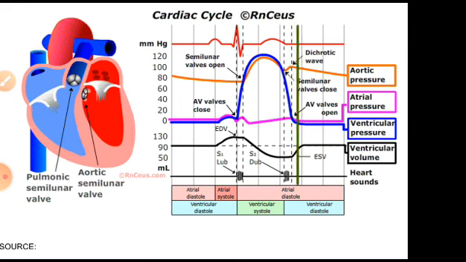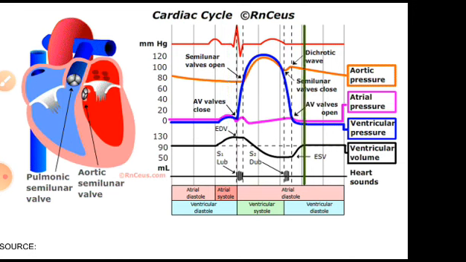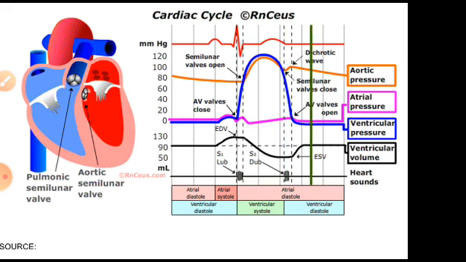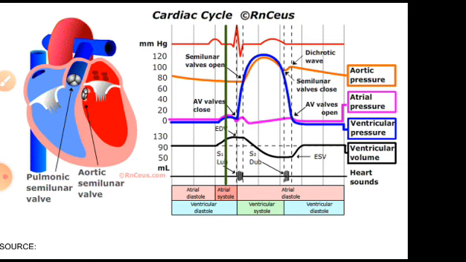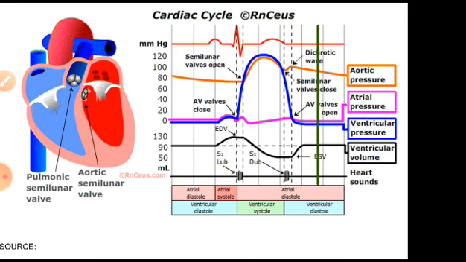You can also observe at what point of time the semilunar valves are opening and at what time they are closed. You can understand the atrial diastole, atrial systole, and then ventricular diastole, and at the same time when the atrial systole ends, the S1 sound is created.